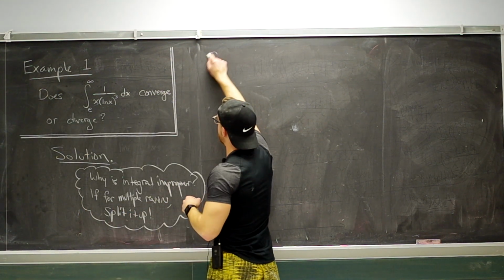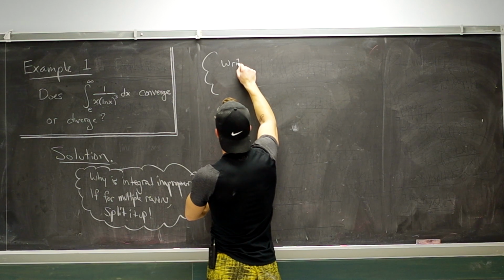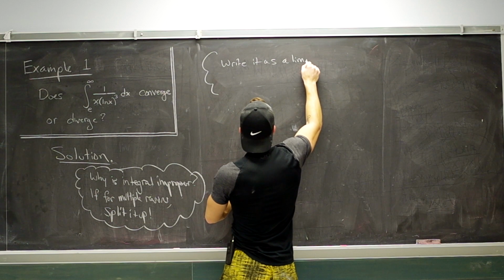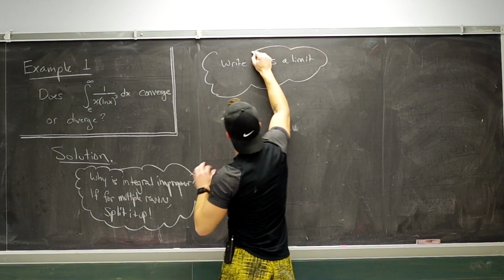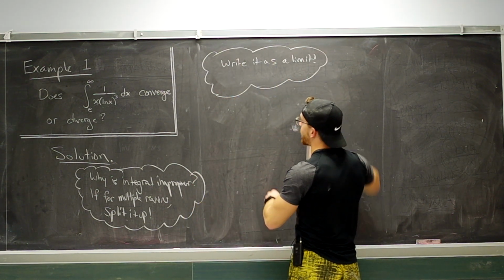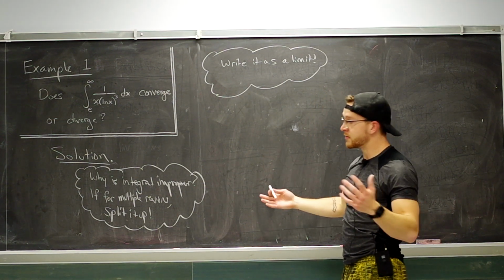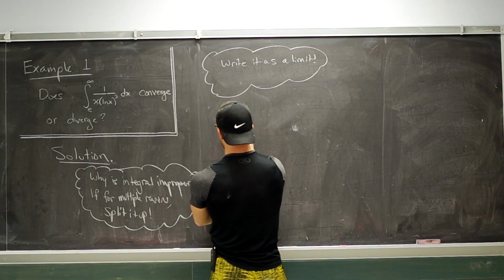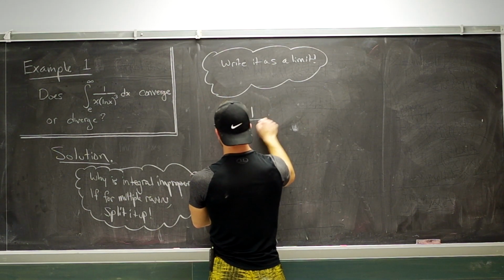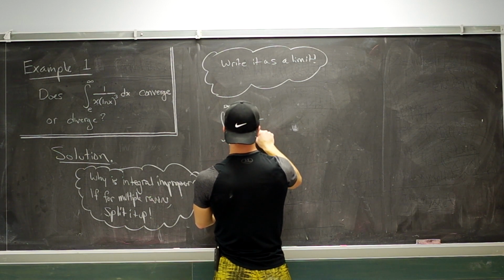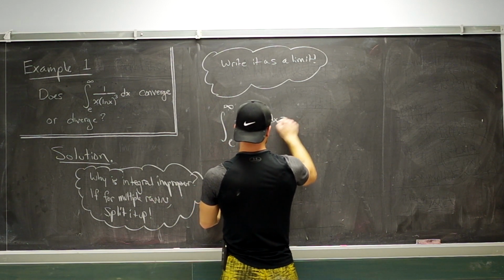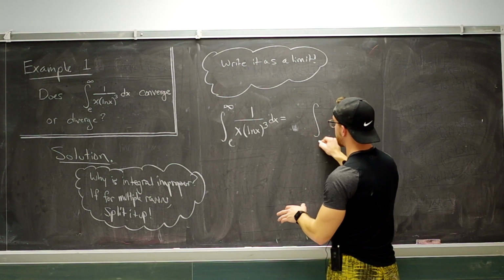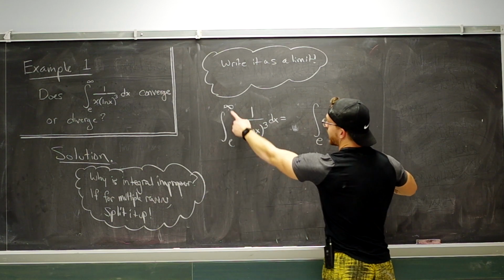Okay? So what do you do? You just write it as a limit. In other words, you just turn the improper integral into a limit of proper integrals. In this case, the way that I would do that is I would start with what we're given, and I say, this is garbage, doesn't make sense. I only know how to integrate from a finite number to a finite number.